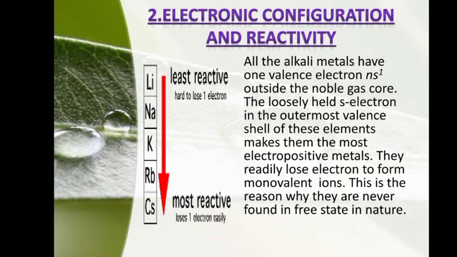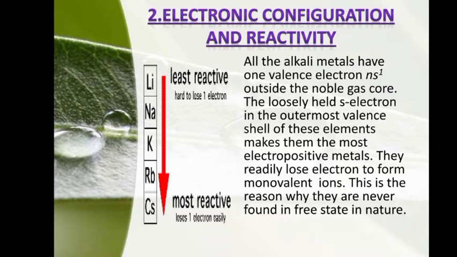So, they readily lose an electron to form monovalent ions because they contain one electron in the valence shell. Hence, it easily donates one electron and becomes a monovalent ion. Because of this, if it donates one electron, it becomes positively charged, that is a cation. Hence, it is not found in the free state in nature.